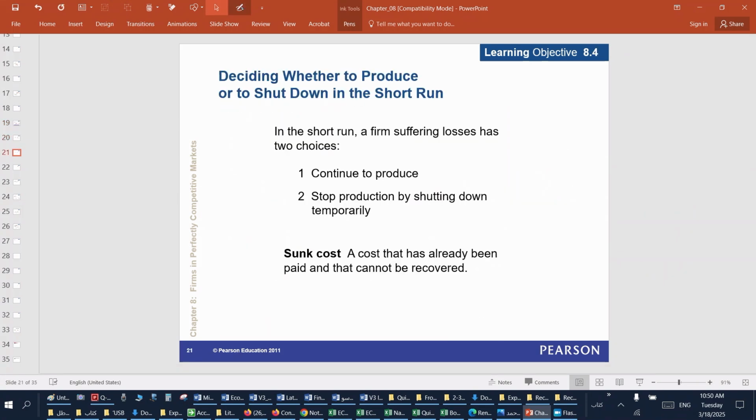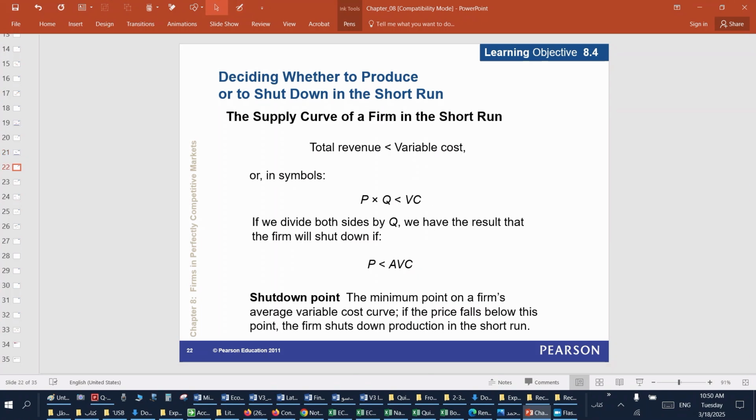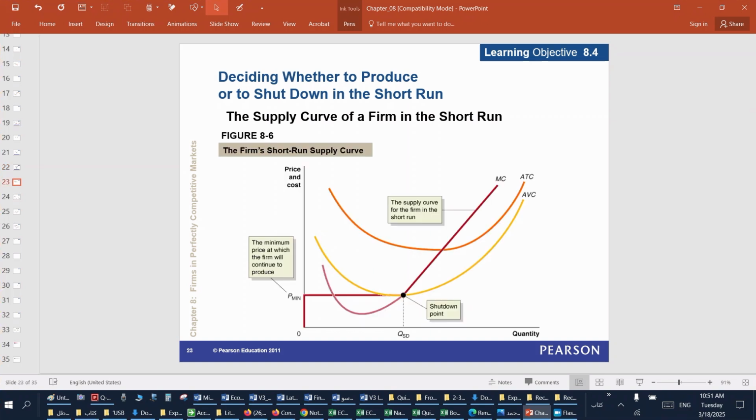This is what we are interested in here: when the firm should stop production or get out from the market. So the firm must stop production and shut down or get out of the market when price is less than average variable cost. And we can show this graphically, and we will do it step by step.